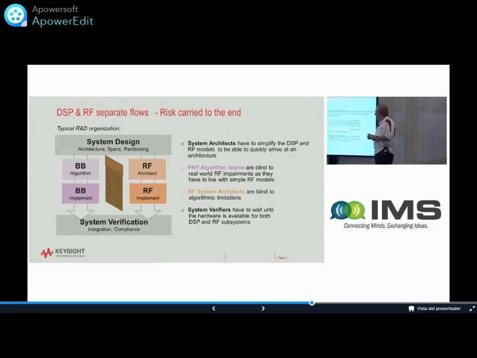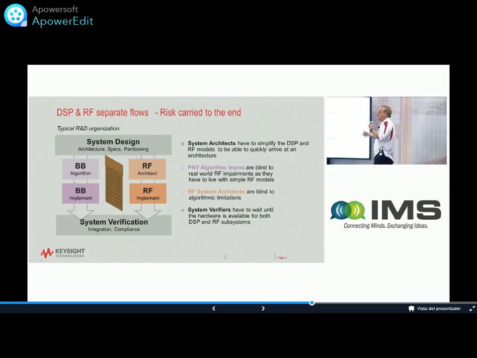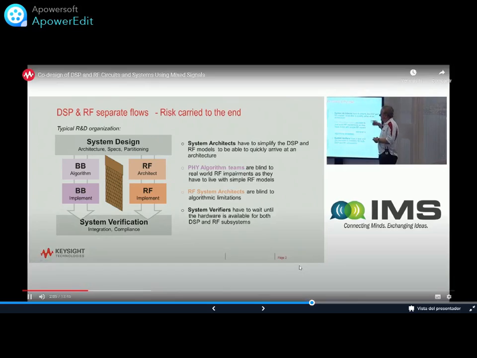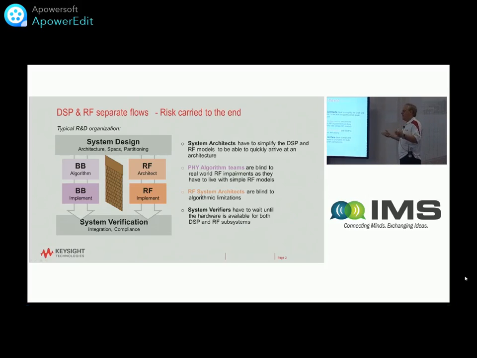The RF guys generally have static models of the signals moving through, CW or multi-tone, and they aren't able necessarily to see how their systems are being used, their infrastructure. And the system architects have a hard time bolting these things together because they have an imperfect way to predict the performance, and what you end up doing is over-designing both sides of this.